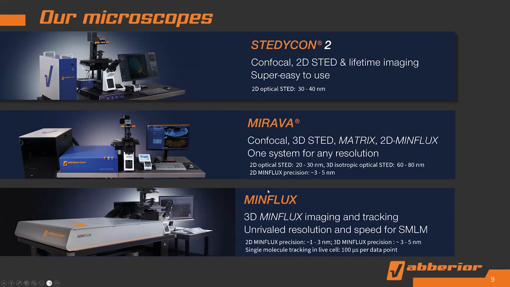That's why you have to expose your camera at 100 frames per second, so you will capture the blinking process of that dye in 2 or 3 or 4 frames on your camera for the further calculation. Now with our MINFLUX, we can pinpoint one single molecule in 100 microseconds, which is very, very fast, 100 times faster than any camera-based method.